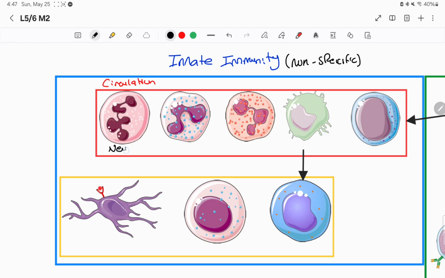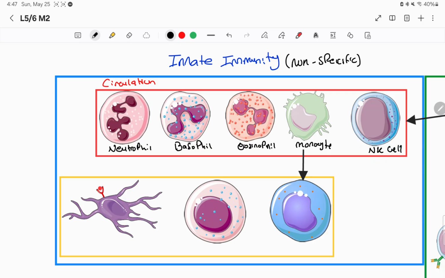The first one is called a neutrophil, and don't you worry, we'll look at their functions completely later. The next one is called a basophil. This one is called an eosinophil. Okay, this one is called a monocyte. And this one is called a NK cell, or a natural killer cell.